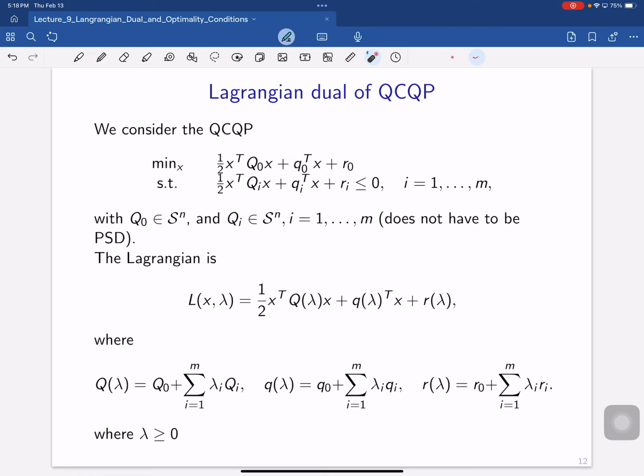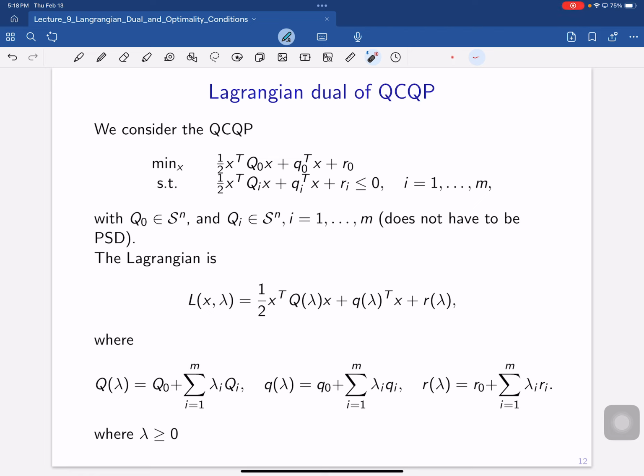What is the Lagrangian dual for this QCQP? We will use the result we just derived to show you. Actually, it is a very shocking result: the Lagrangian dual of the QCQP is a semi-definite program. We will show that quickly here.